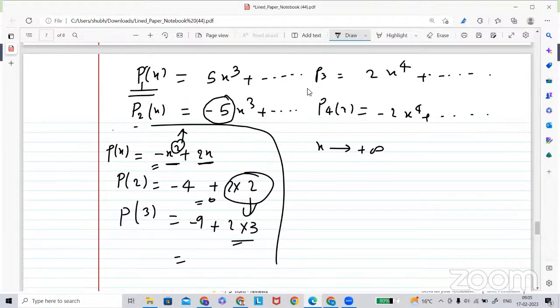Okay, let me repeat it from here. As x goes to positive infinity, let me go back to the same example.